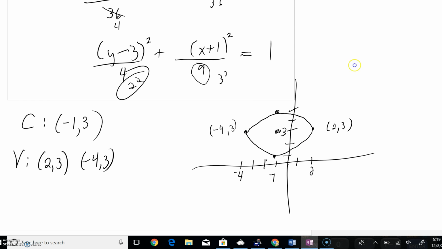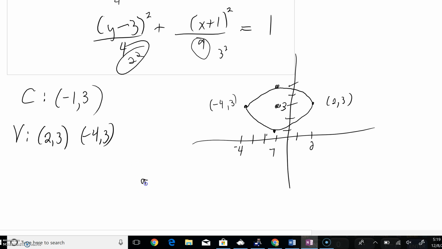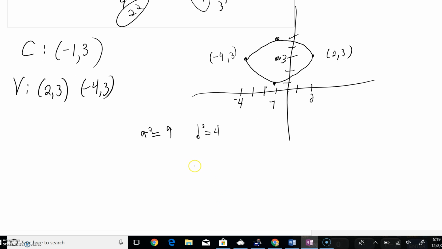Now, of course, there's still something missing. We're going to need to know that a squared is equal to 9. We know that b squared is equal to 4. We need to find c. So you might remember we were using a squared equals b squared plus c squared. A squared, you could say it's 3 squared, but at the end of the day, you already know what a squared is. It's 9.